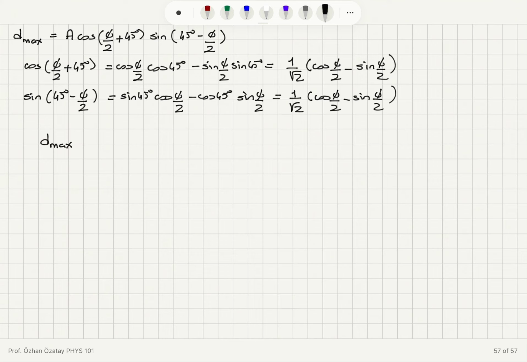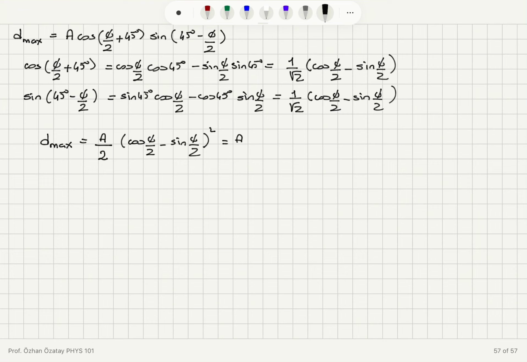Therefore, the maximum value of D will be A divided by 2, because I have 1 over square root 2 squared, which is 1 over 2, times cosine phi over 2 minus sine phi over 2 in parentheses squared.